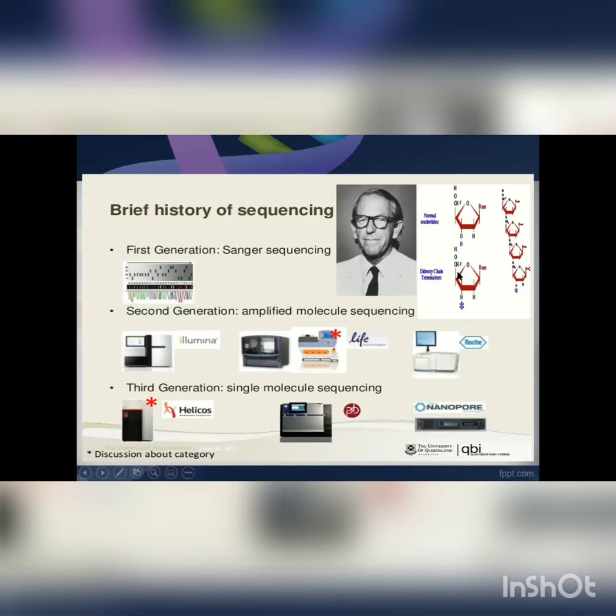So coming to the second generation of sequencing, it's also known as amplified molecule sequencing or massively parallel sequencing. In this, there are examples like Illumina sequencing and Roche 454 sequencing. So in NGS, a vast number of short reads are sequenced in a single stroke.